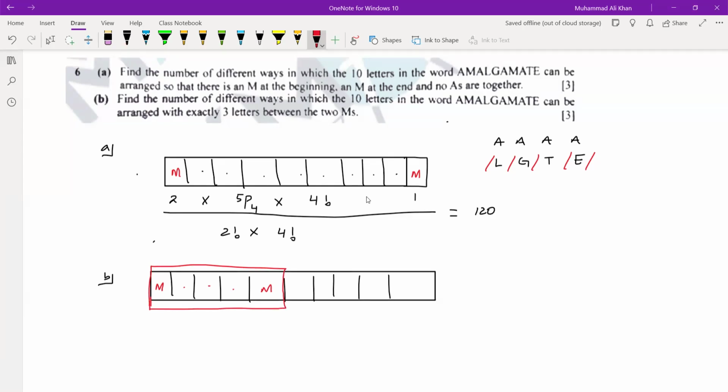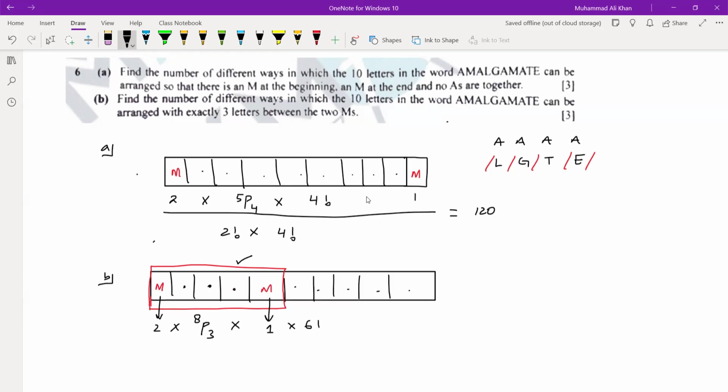And now for the first M out of 2, for the last M out of 1, here we have to arrange 3 letters between 2 M's. So how many letters are remaining? There are 8 letters remaining. So I'm arranging 8P3, 3 letters out of 8. And then the total boxes are one big box, 1, 2, 3, 4, 5, 6.